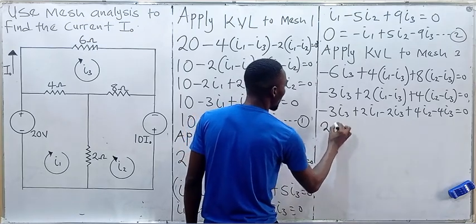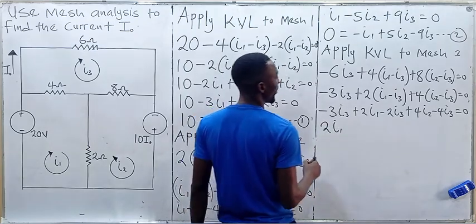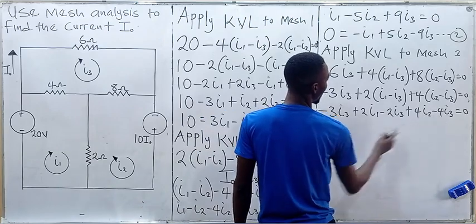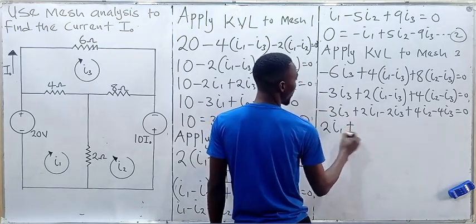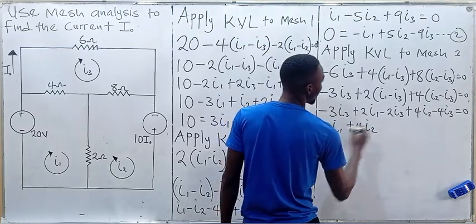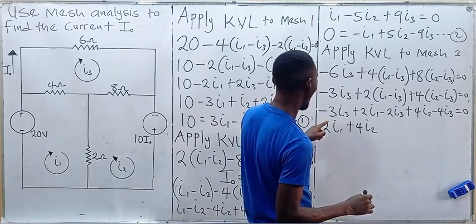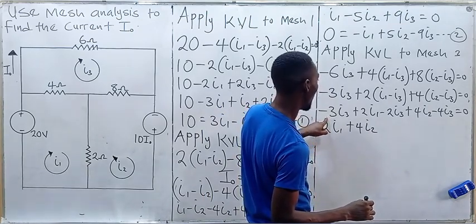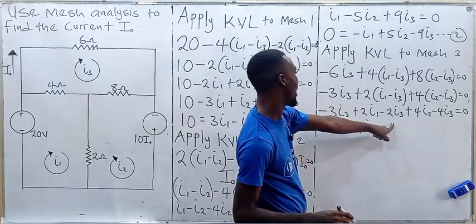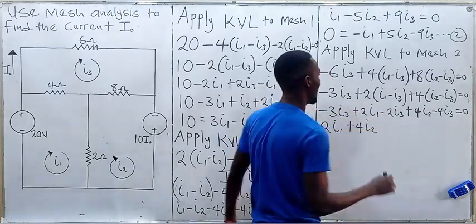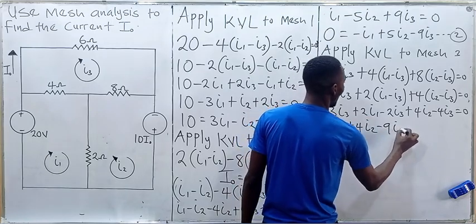All right. So the next thing, let's rearrange. I'm going to have 2i1, and our I2 is 4, right? So plus 4i2. Then our I3 is going to be 5, then this is going to be 9. So minus 9i3.